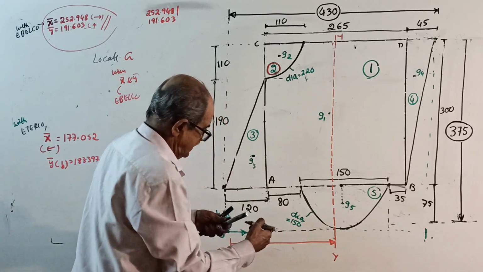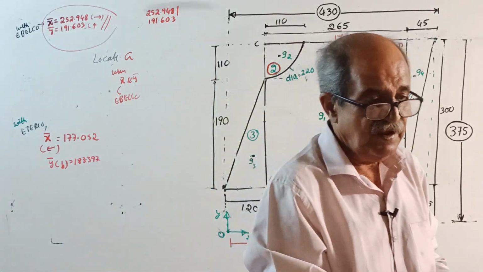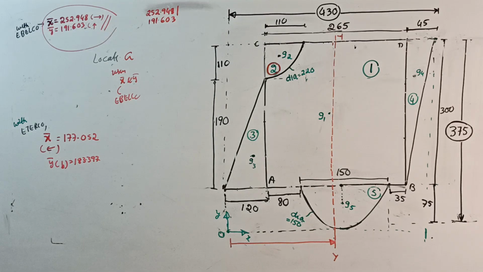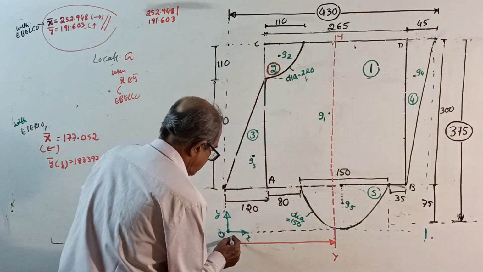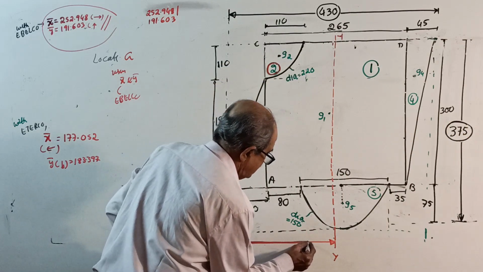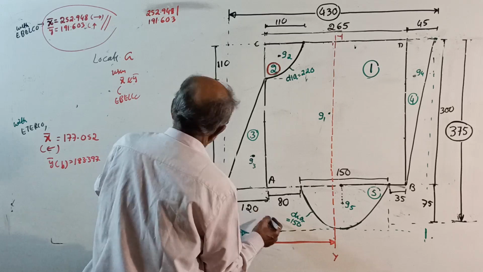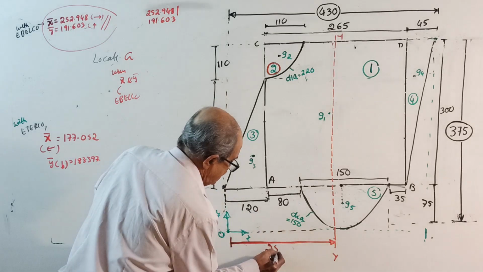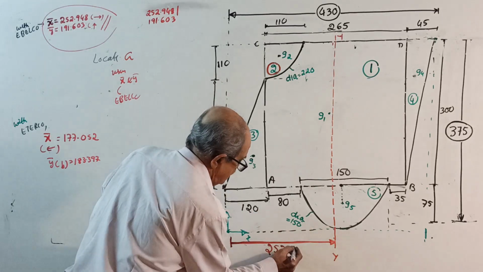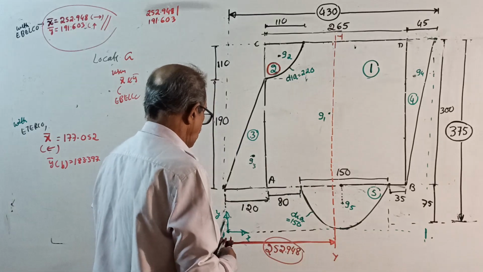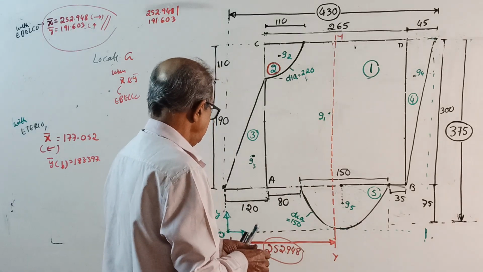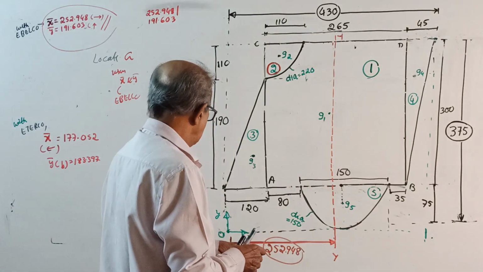I change the color of the ink. It is a little not dark. I'll write it with a fresh pen with a dark color. 252.948. I will round off. This is this distance. I will round off to understand. That is the X bar value. You write X bar from the earlier calculation.